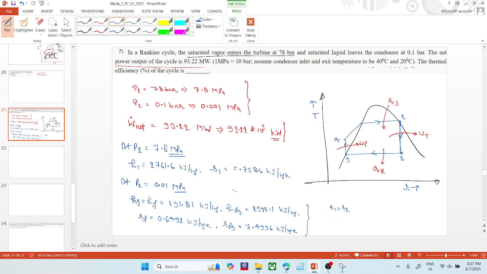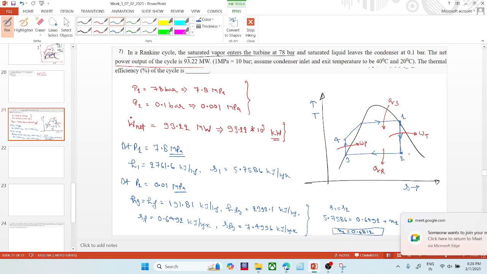Here S1 is 5.7586, which is equal to SF, 0.6492, plus X2 into 7.4996. So X2 would be equal to 0.6812. I got the value of the quality of the steam at point 2.